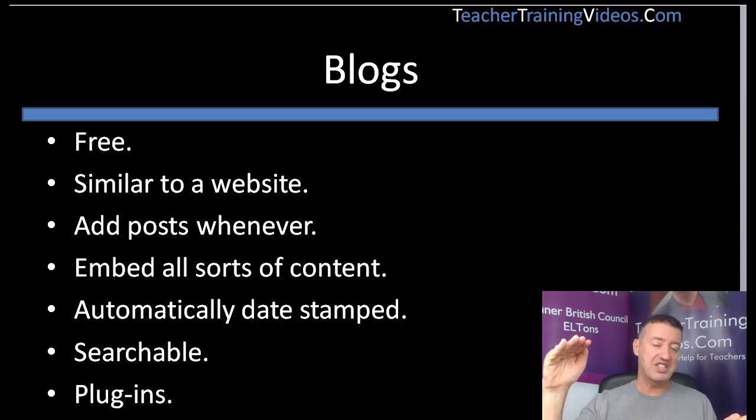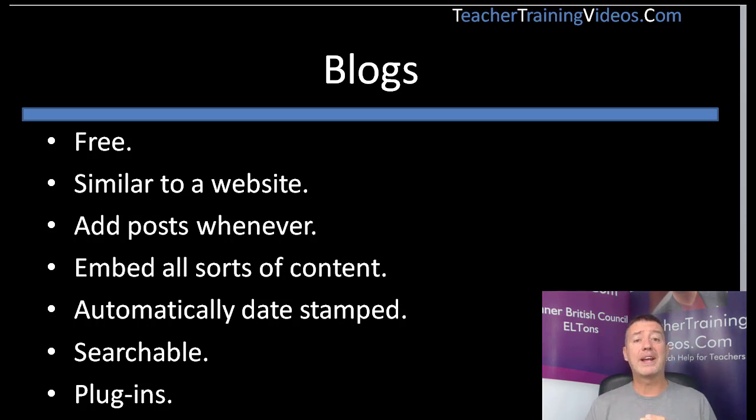So you don't actually need to create a menu system for your blog if you don't want to, because it will automatically add up each post that you add to the blog. People don't realize, unless they've got knowledge of website production, how powerful blogs are, and the fact that they have an automated search engine tool within them that helps you to search for the posts that you've added to the blog.